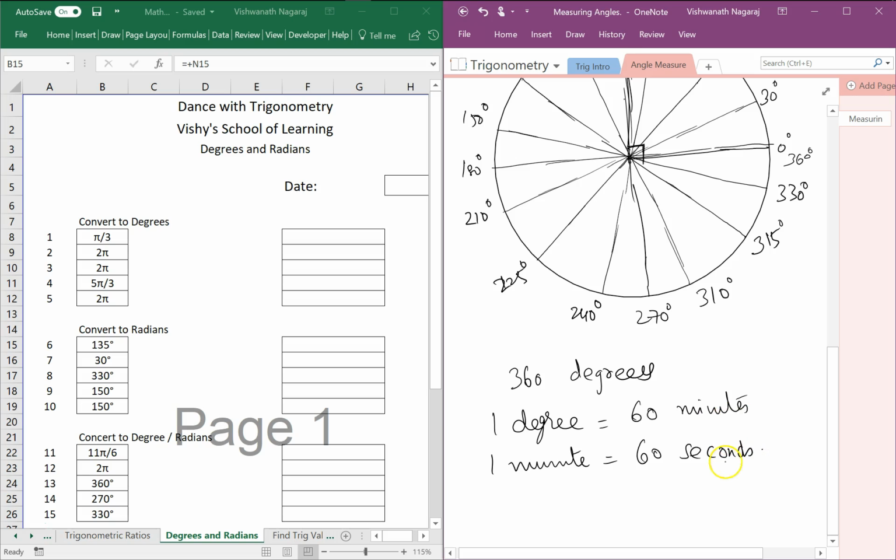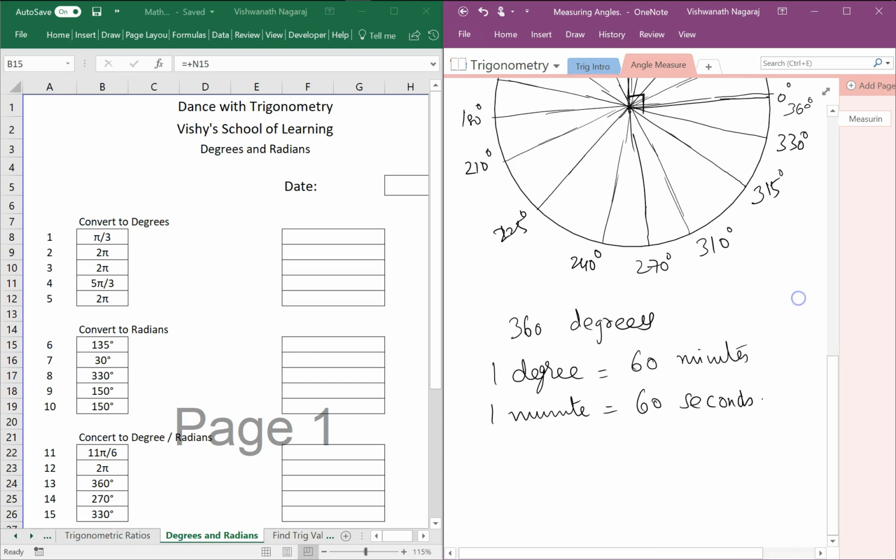Now remember, these minutes and seconds are not time related, although they look very similar. So we can write 35 degree, 50 minutes, 6 seconds.